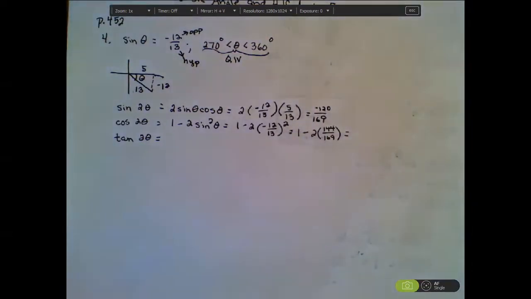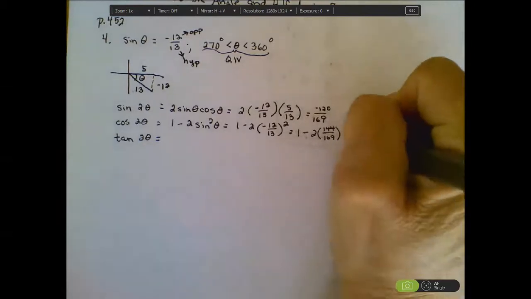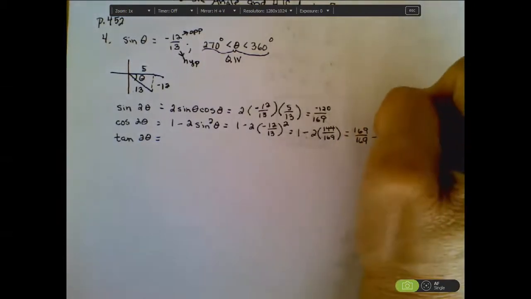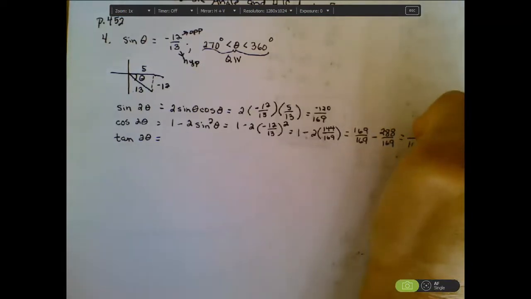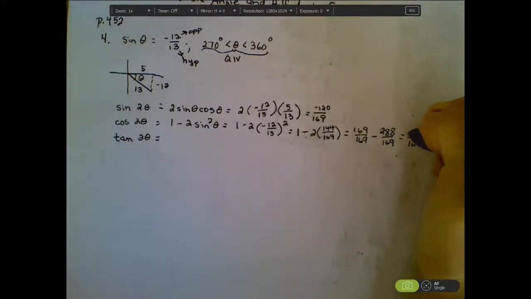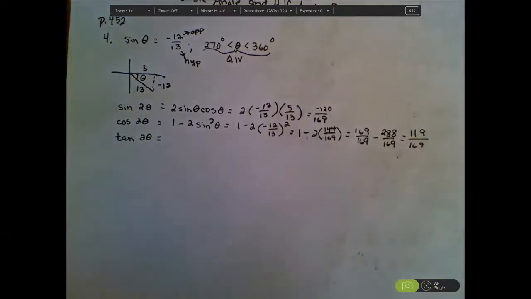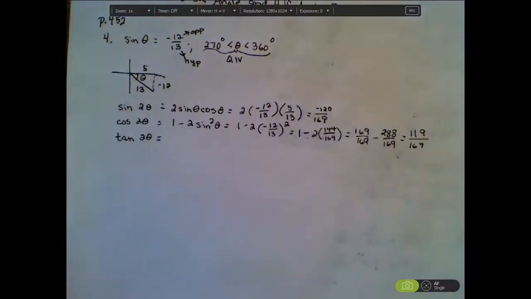I'm just going to say you can punch that on the calculator, but that would annoy me if I did, so I'm going to get a common denominator. That's 119/169.